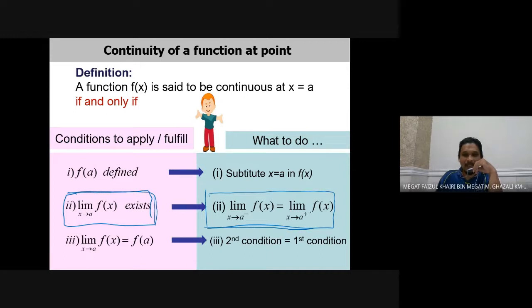And we just add another condition here: substitute x equal to a into f(x). So if the limit of f(x) as x approaches a equals f(a), then we say the function is continuous at x equal to a.